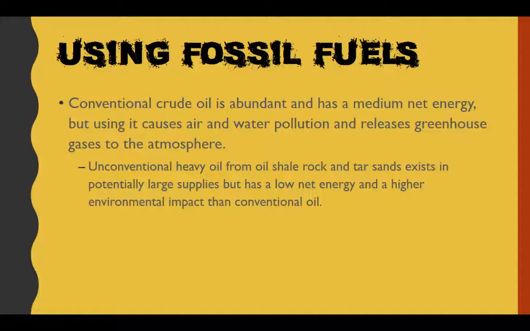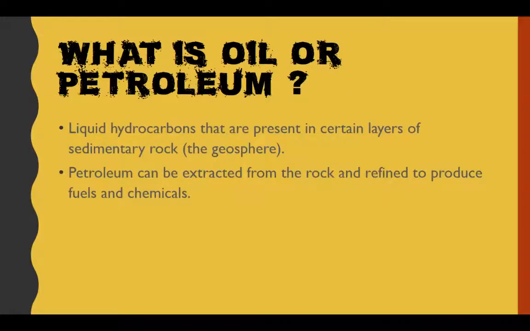So, when we start talking about this, what exactly is oil or petroleum? Well, it's a liquid hydrocarbon. You may remember in your biology days talking about these organic molecules, the four groups of macromolecules: carbs, lipids, nucleic acids, and proteins. Carbohydrates and lipids were all made up of CHO, carbon, hydrogen, and oxygen.